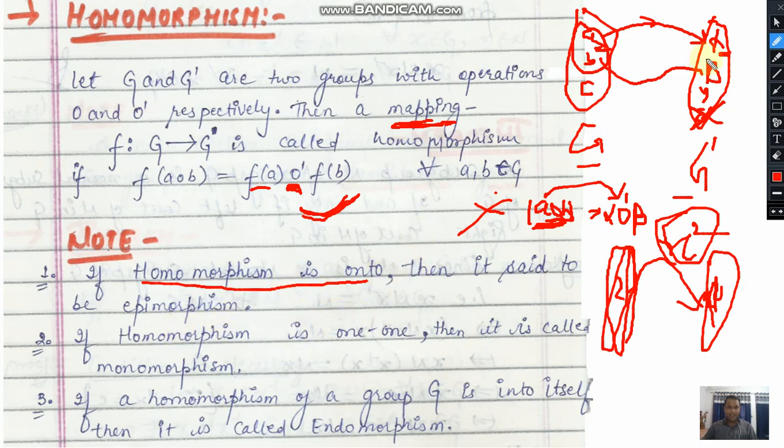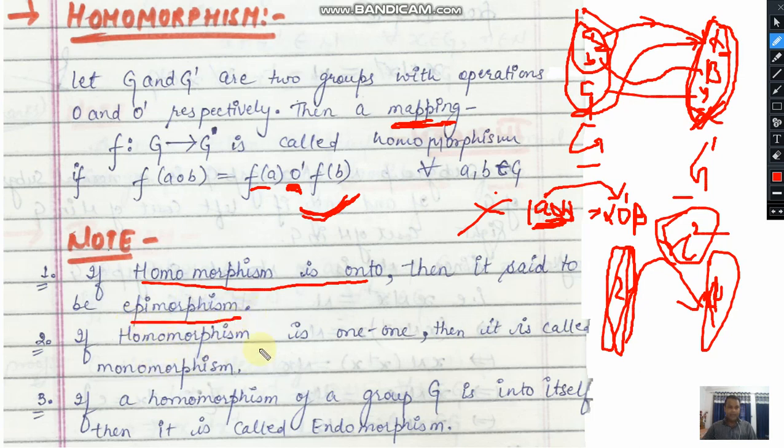In this scenario, A is related with alpha, B with beta, C with gamma, and maybe there is one more element D, which is again associated with alpha. This is possible in a mapping. Now there is no element in G dash which is not the mapping of some element of G. So this is known as an onto mapping, and if the mapping is onto, then the homomorphism is known as an epimorphism.